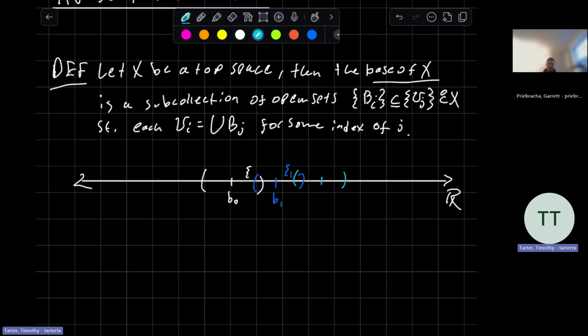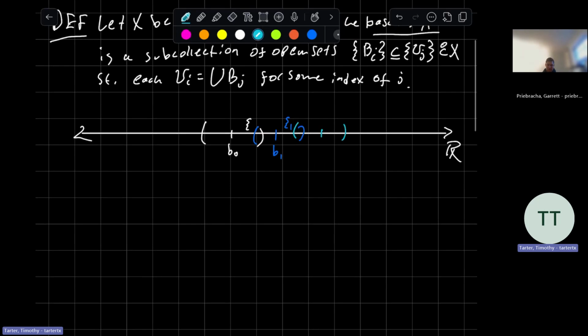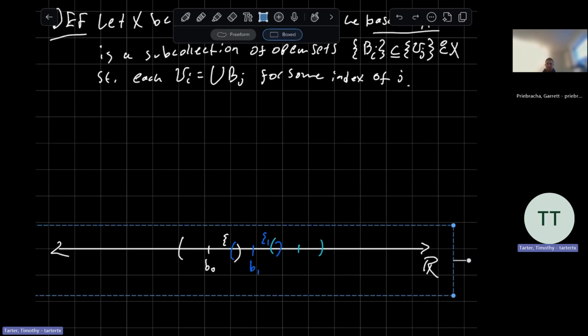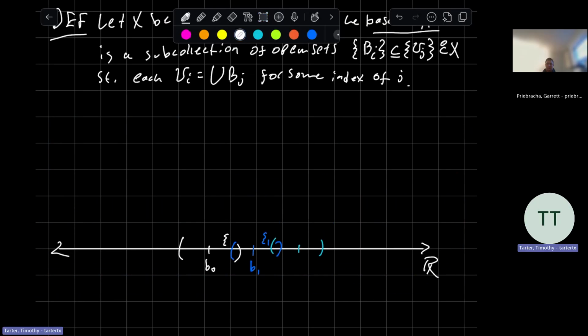In a similar way, you can construct weird shapes in R^n. Maybe if we extended this into R^2, R cross R, and maybe we had this here, and then this here.